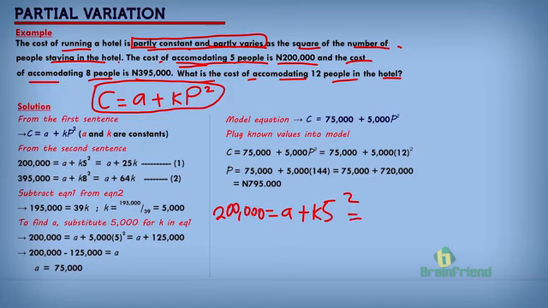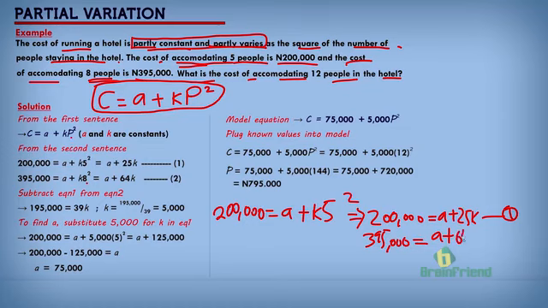So this is 200,000 is equal to A plus 25K. Equation 1. The second sentence says the cost of accommodating 8 people is 395,000 naira. So we have 395,000 naira is A plus 8 squared. Remember, P squared. 8 squared is 64. So we have 64K. That's our equation 2.